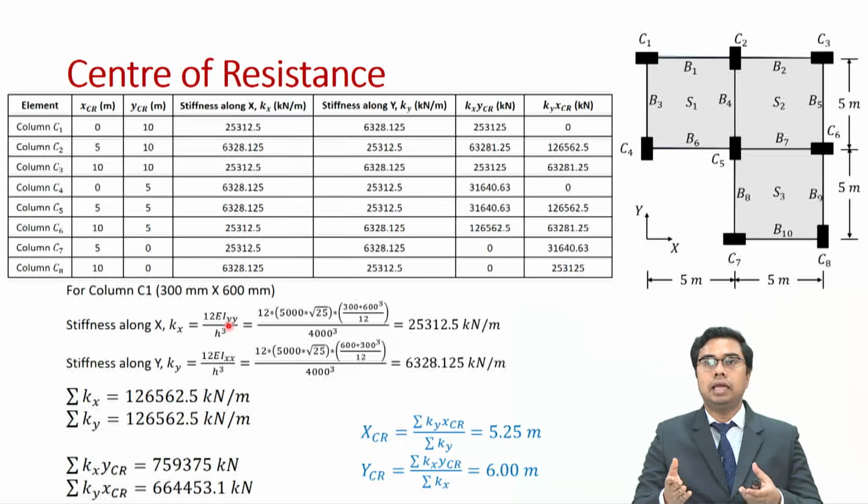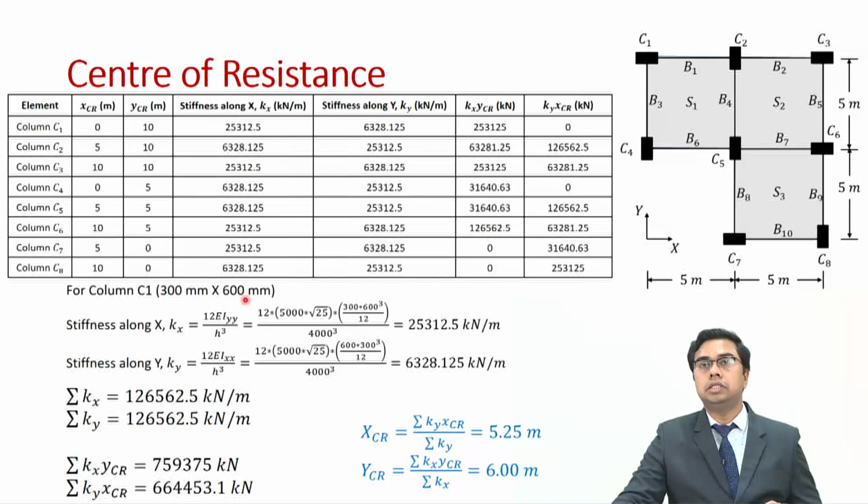So that's why kx will be given as 12 E times Iyy divided by h cube, and that we have calculated over here. We have assumed the modulus of elasticity of concrete to be 5000 root fck, and the grade of concrete as 25 megapascal. For column, the second moment of area will be given as BD cube by 12.